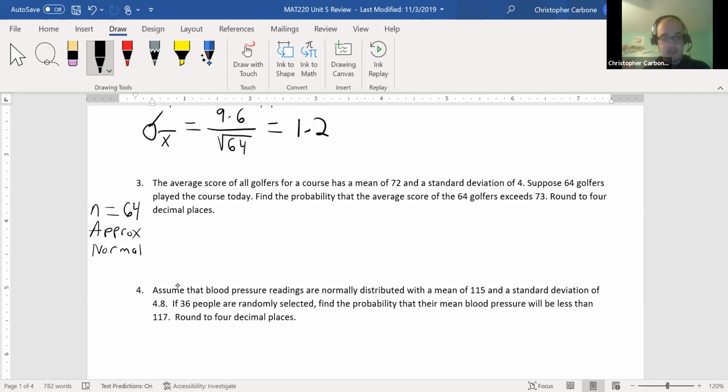The mean of the sampling distribution of the sample mean will just be 72. The standard deviation of the sampling distribution of the sample mean will be 4 divided by the square root of 64, also known as 4/8, or 1/2, or 0.5. And for this, let me sketch a normal distribution.